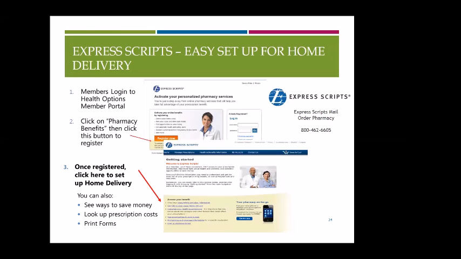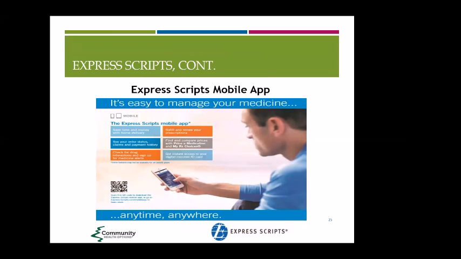Once you've registered, you can click in the bottom section on ways to save money, look up prescription costs, and print forms. Express Scripts also has a mobile app, so we just wanted to mention that to you for the convenience of our members.